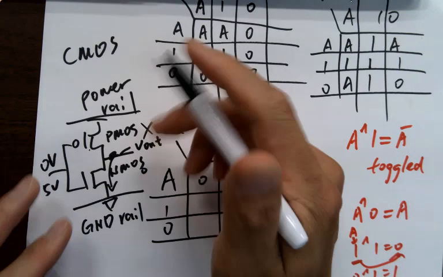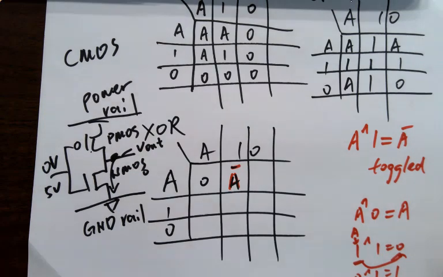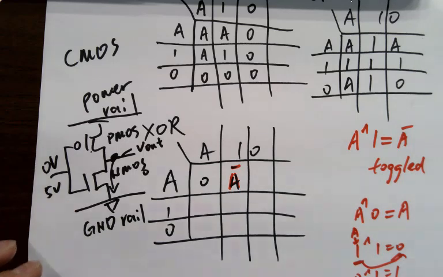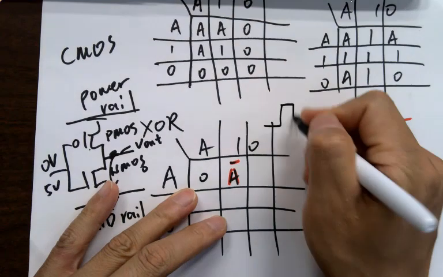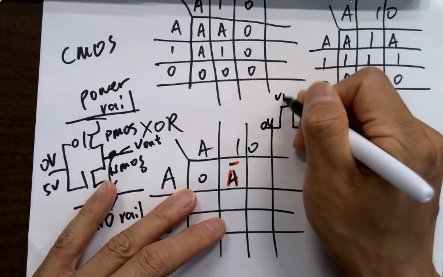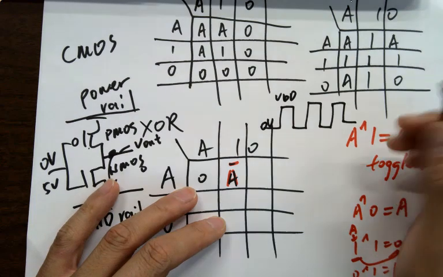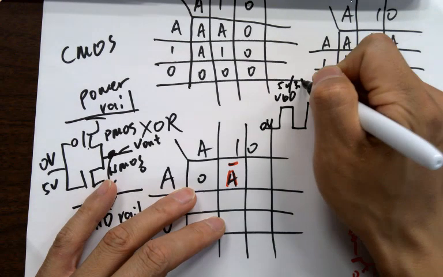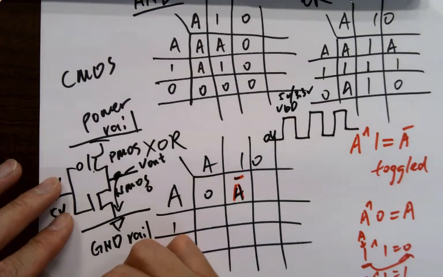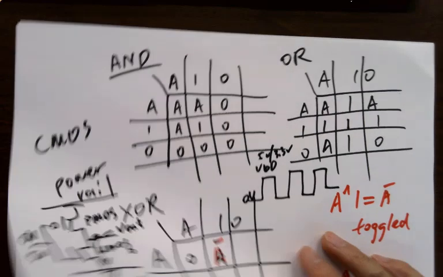Whether you are using 5 volts or 3.3 volts doesn't matter, you are getting logic waveforms, because a digital circuit always outputs a digital signal. So it's either 0 or VDD. VDD is the power, 5 volts or 3.3 volts, depending on your power supply, right? Does that make sense? Questions?